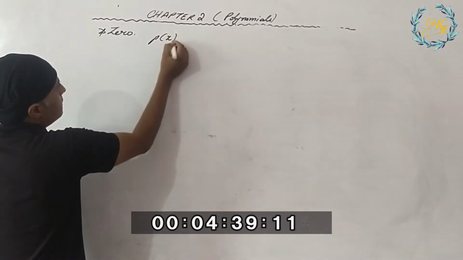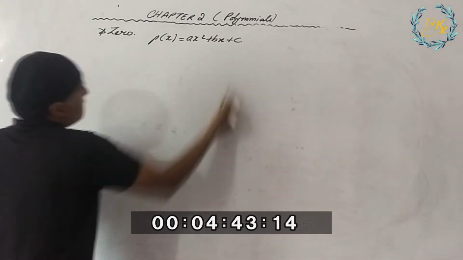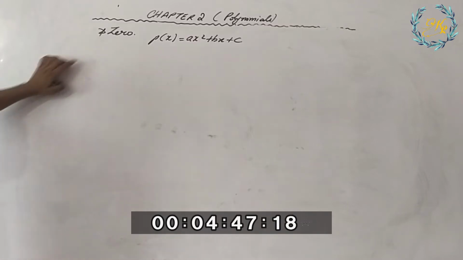The next concept that we should know is the zero of a polynomial. Now, suppose we are given a polynomial p(x) = ax² + bx + c. What do we mean by zero? Zero stands for a real number. It might be negative, it might be positive.